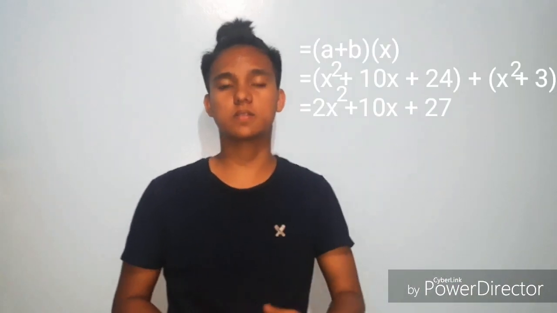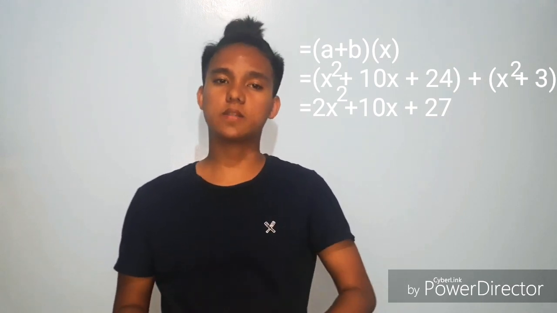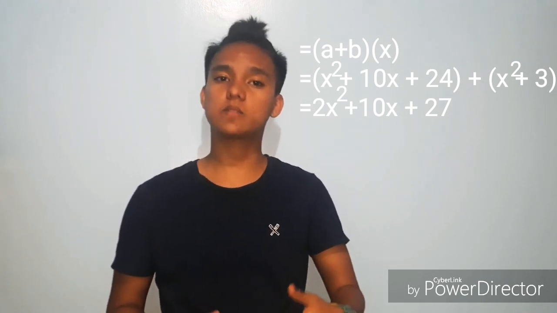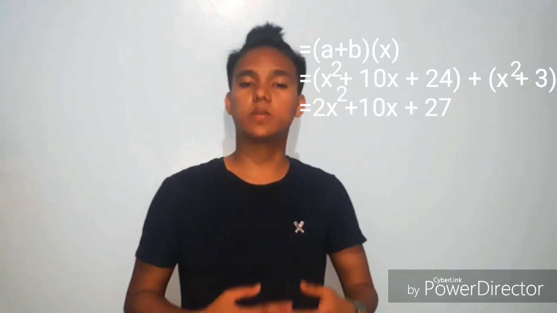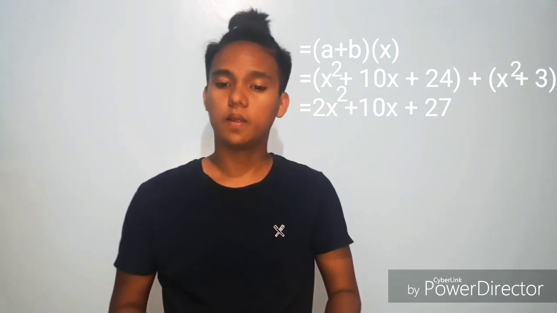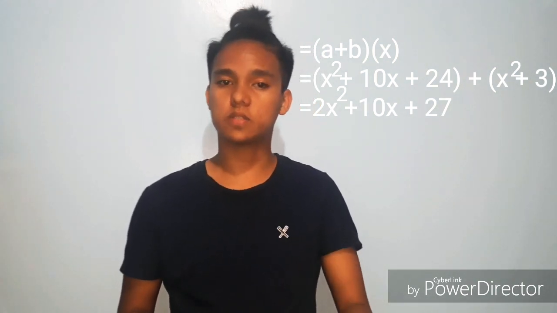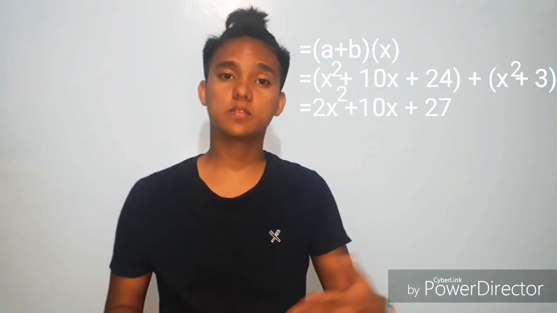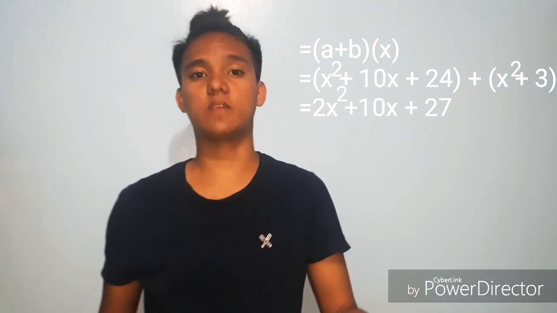Let's find the sum of a of x plus b of x. A of x plus b of x is equal to the quantity of x squared plus 10x plus 24 plus the quantity of x squared plus 3, which is equal to 2x squared plus 10x plus 27.